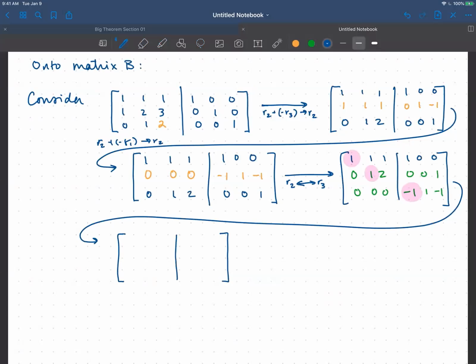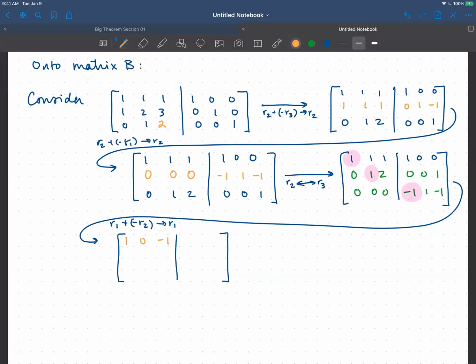So let's see, I want to take row 1 and add negative row 2 to it to cancel off the 1 above my leading one in the second row. That's going to be my new row 1. I'm going to have 1, 0. Oh, my row 1 is changing, so let me do that in orange. 1, 0, negative 1.